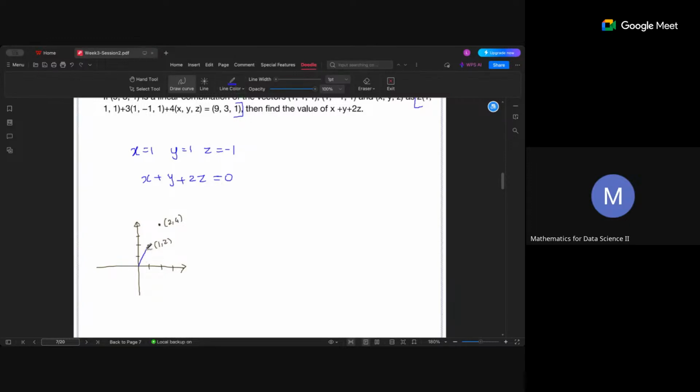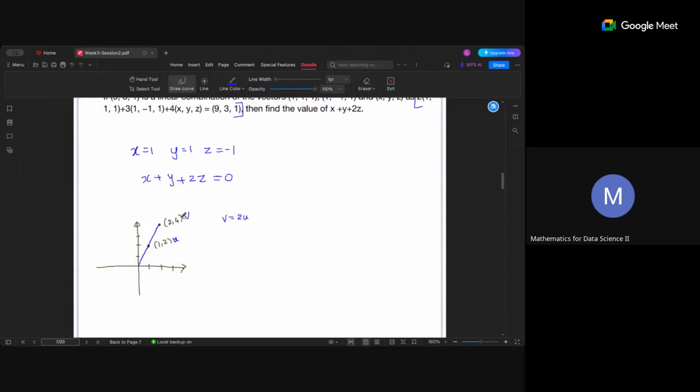What you can note is that both are on the same line. One is a scalar multiple of the other. Let us say this is your u and this is your v. Then you can see that v is 2 times u, or u is 1 by 2 times v.